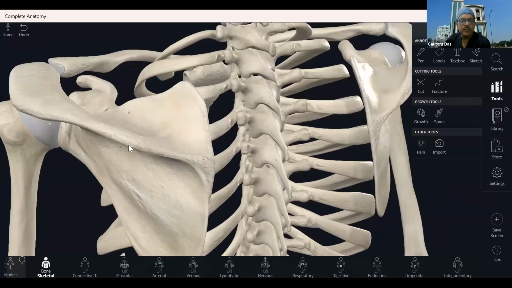Here we will be seeing two layers of muscle: trapezius, and below it the supraspinatus muscle. The nerve comes here and goes like this. Let me put the nerve.